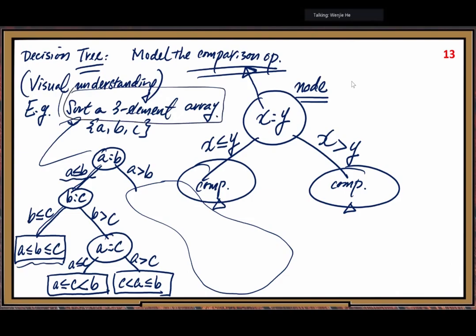Because you may have different sorts, right? There are many different ways to sort a given 3-element array. So for different sorts, you draw a different decision tree, right? Another decision tree.